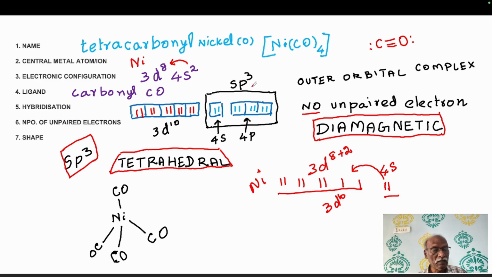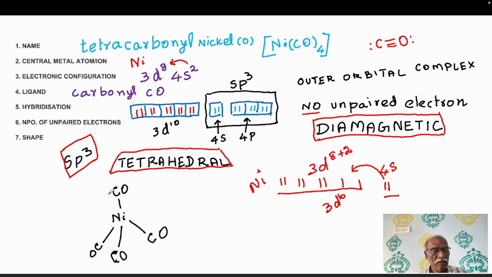They are all equal in shape, size and energy, and they are called sp3 hybridized orbitals. These sp3 hybridized orbitals repel among themselves and orient in such a way as to give a tetrahedral shape. The 4 corners of the tetrahedron are occupied by 4 CO molecules, giving rise to this tetrahedral shape.